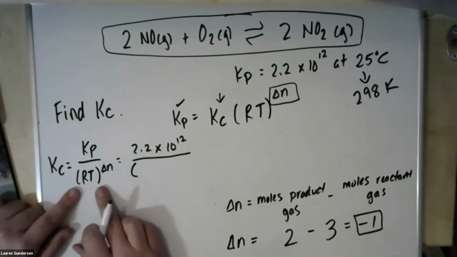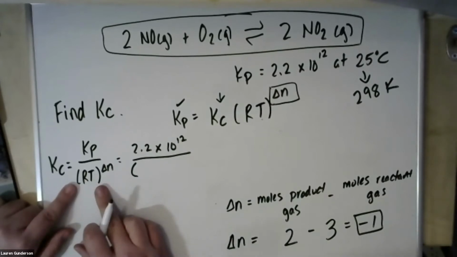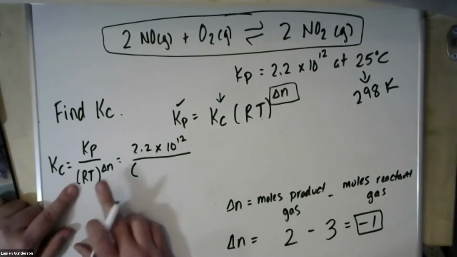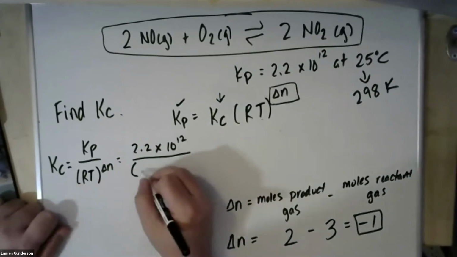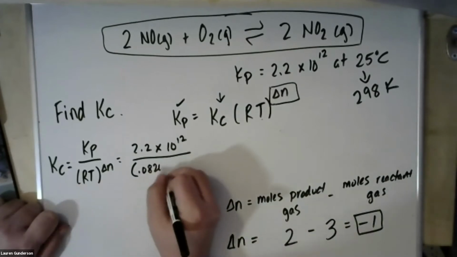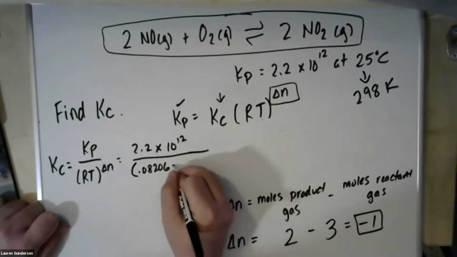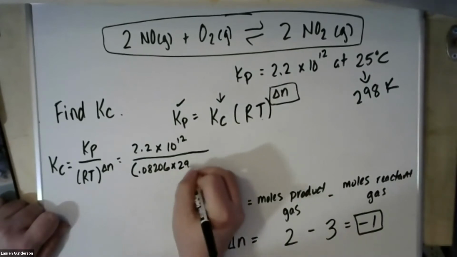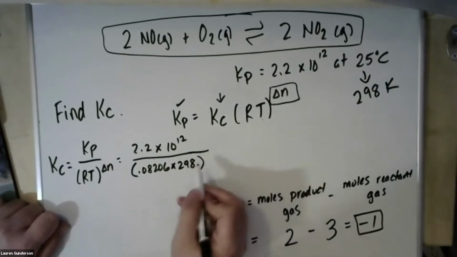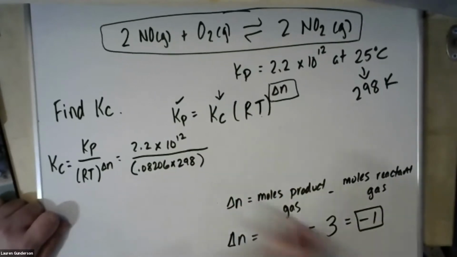Also notice that we're going to be keeping this R and this T value inside of a parentheses. Make sure that you multiply the R and T together before you raise it to the exponent. I'm leaving out the units here for space. And then we're going to raise it to this delta N, this -1.